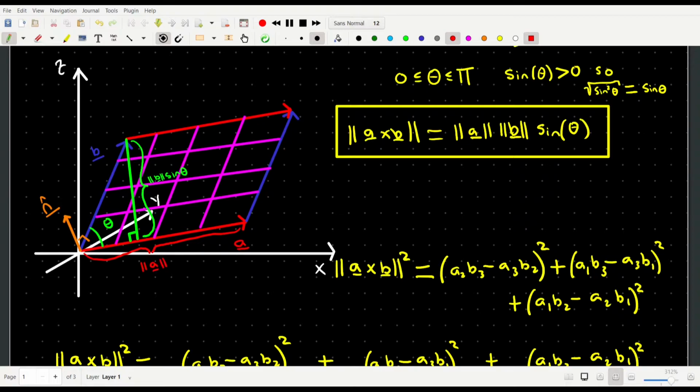And the area of this parallelogram is equal to the height times the base, which is the length of A times the length of B times sine theta.